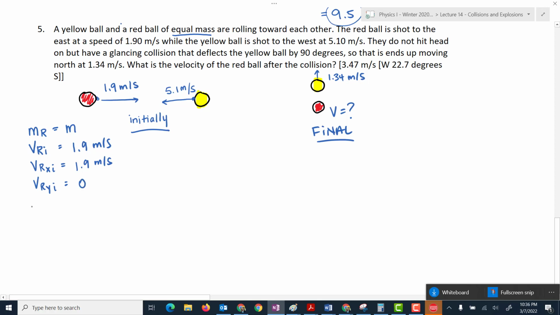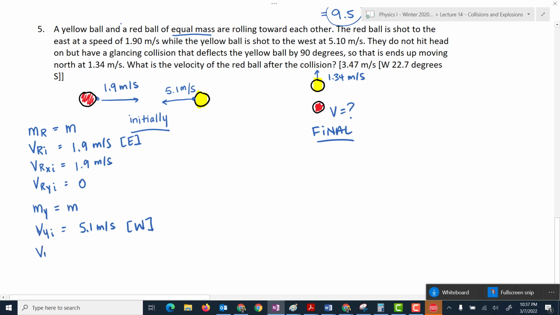And then if we looked at the mass of the yellow ball, it would still just be m because it's the same mass as the red ball, and the velocity of the yellow ball initially we said was 5.1 meters per second, but it's going west. So the red one was going east, and the second one is going west. Let's decompose that into x and y components.